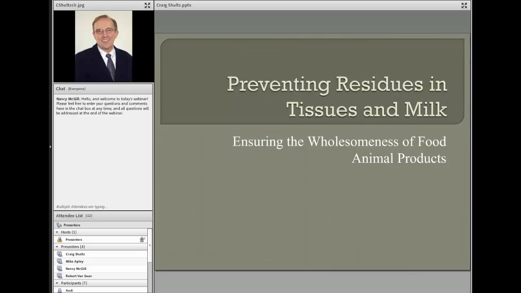From there, he took his expertise as a veterinary medical officer to a large slaughterhouse facility in northeastern Pennsylvania in Wyalusing, and put together a really nice program of reducing residues and blemishes for that facility.